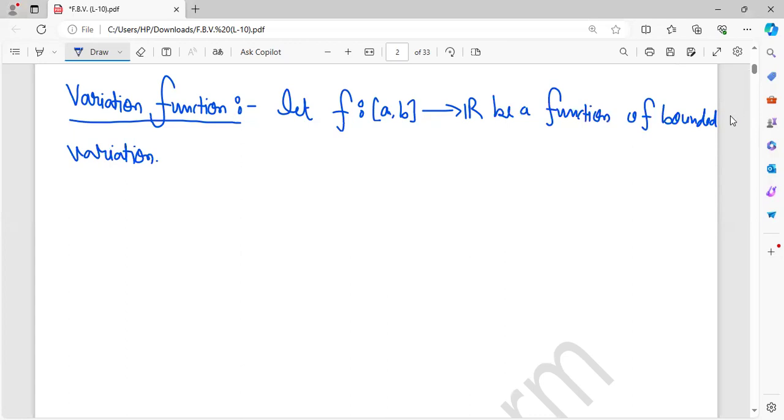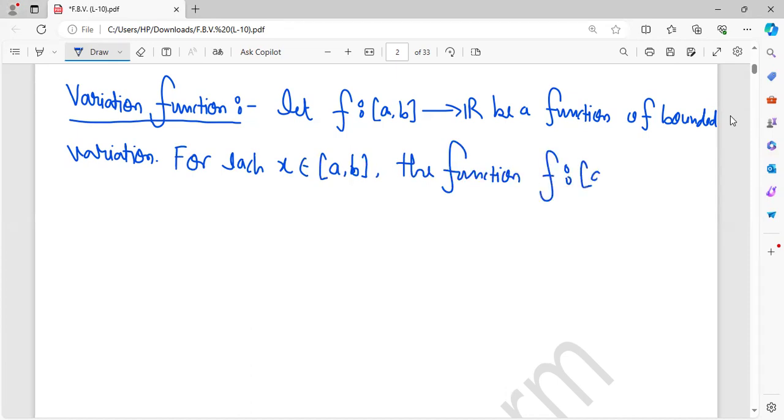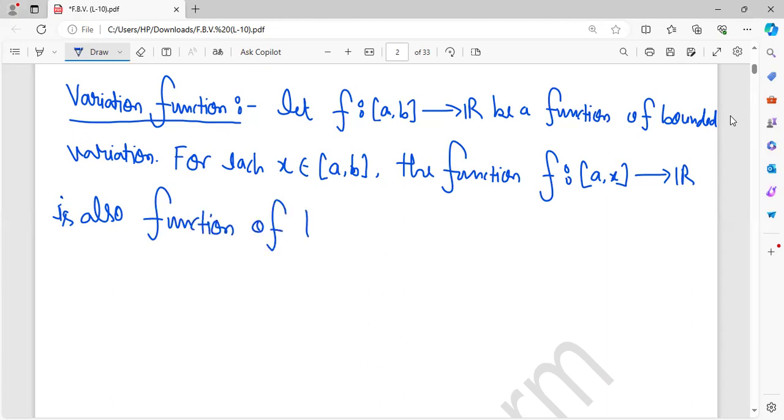So given, for each x belonging to the closed interval [a, b], the function f on the closed interval [a, x] is also a function of bounded variation.